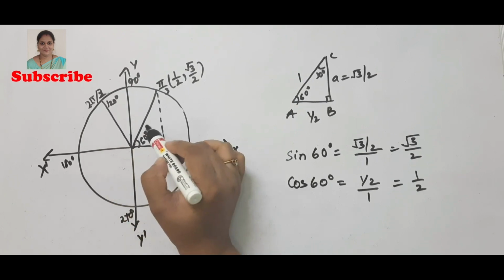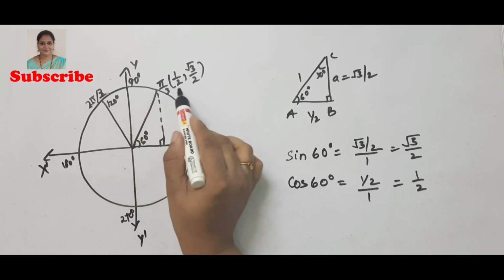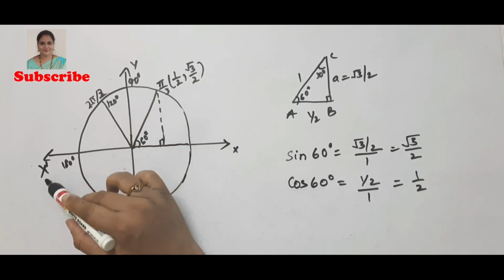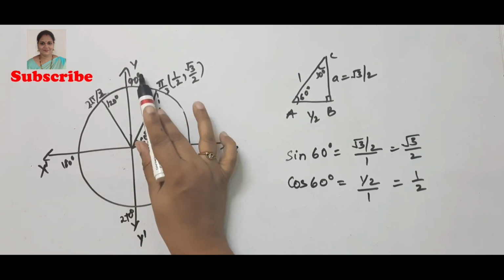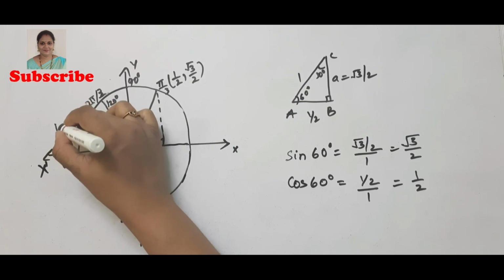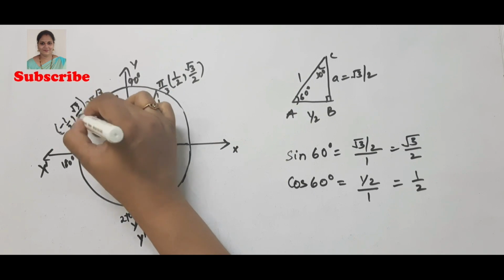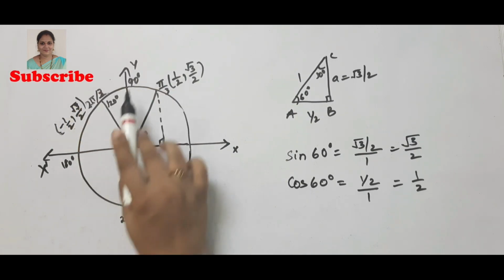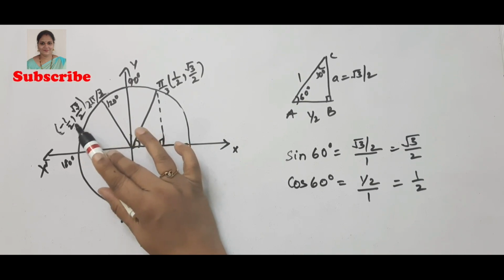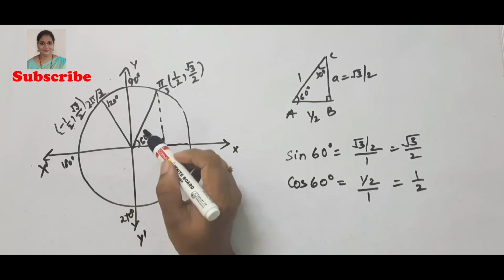If you do the calculation as we did for 60 degrees, you will get the same values of x and y coordinates, only there will be a change in the sign. Here the x coordinate is negative and y is positive, is it not? So the values here will be minus 1 by 2, root 3 by 2. As x is negative and y is positive at 120 degrees, cos 120 will be minus 1 by 2 and sin 120 will be root 3 by 2.